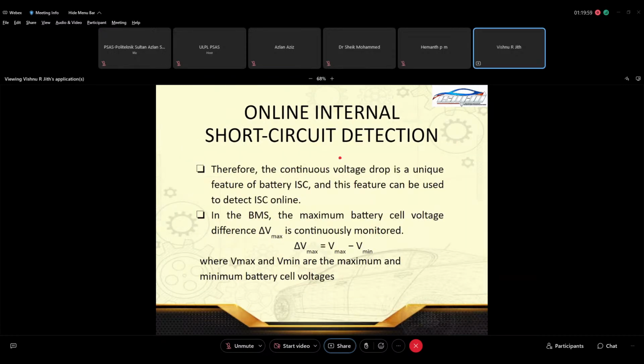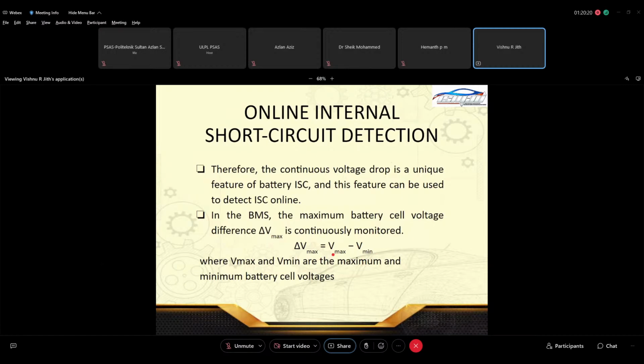Therefore, the continuous drop is a unique feature of the battery internal short circuit. This feature can be used to detect the internal short circuit online. In the BMS, the battery cell voltage difference, that is delta Vmax, is continuously monitored.